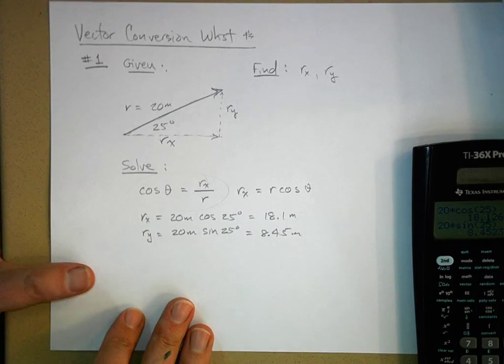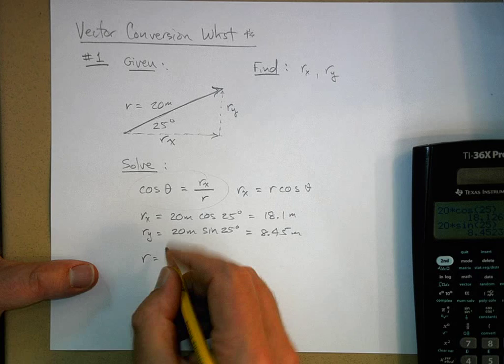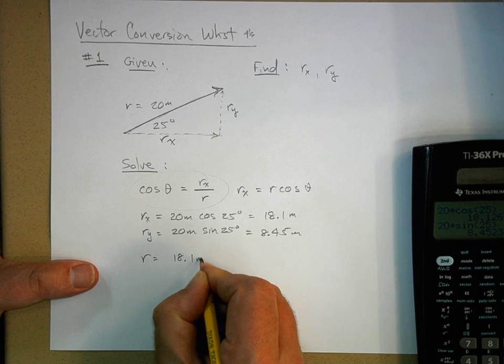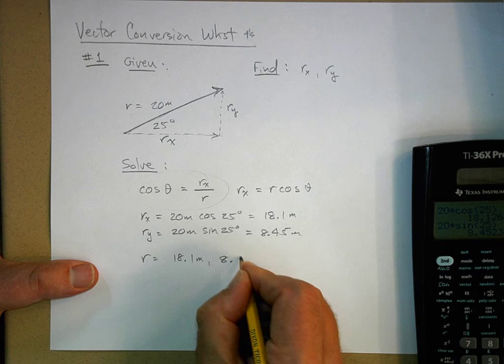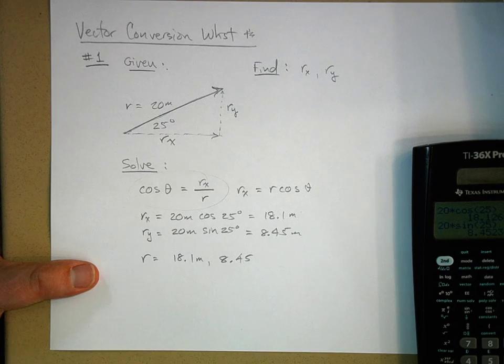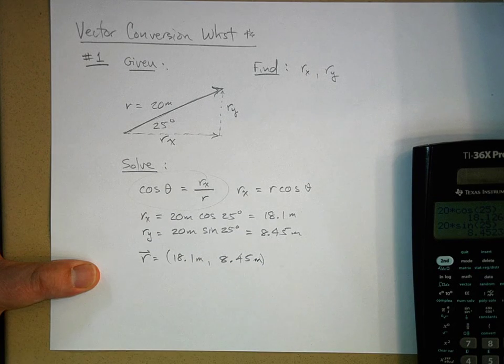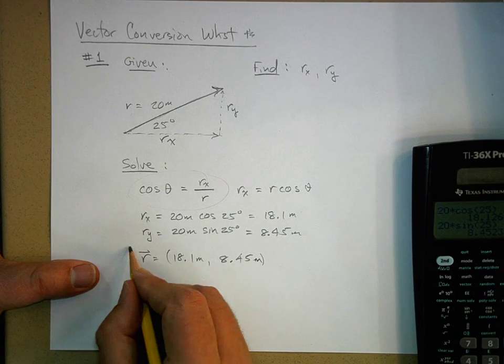So this vector R is equal to, well, usually we put the x component first and the y component second. Kind of like an ordered pair from your math days, right? So this is your vector R.